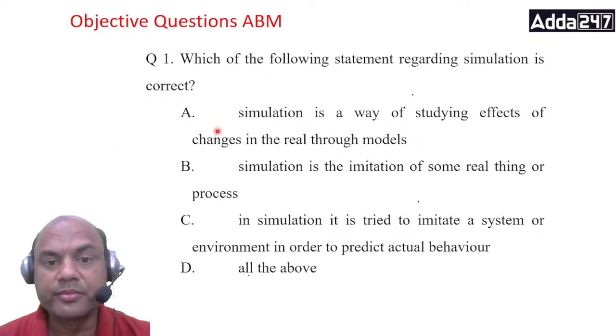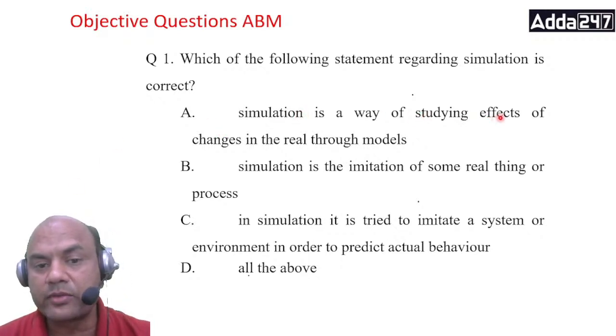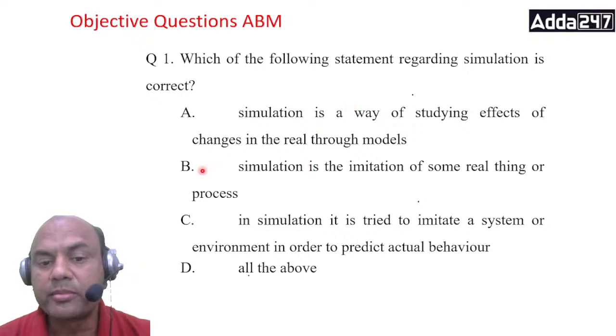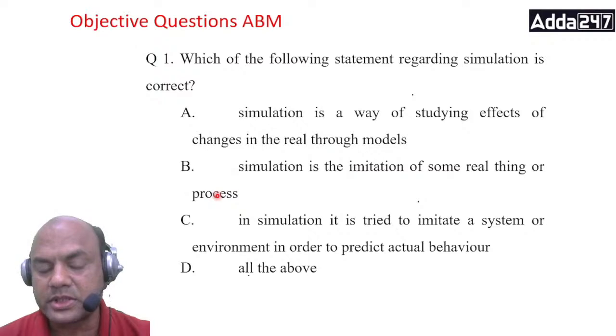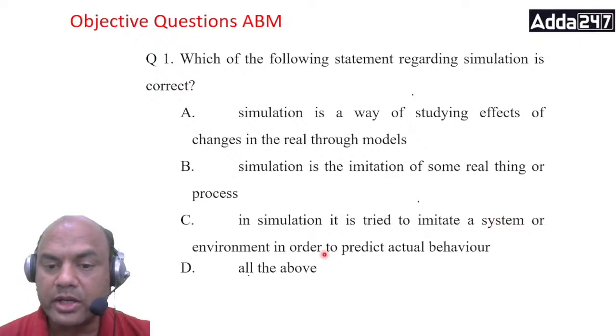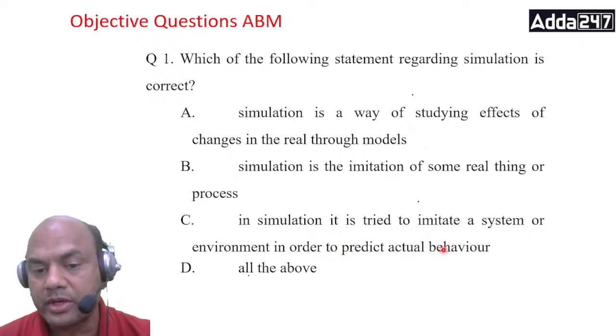A. Simulation is a way of studying effects of changes in the real world through models. B. Simulation is an imitation of some real thing or the process. C. In simulation, it is tried to imitate a system or environment in order to predict the actual behavior. And D. all of the above.